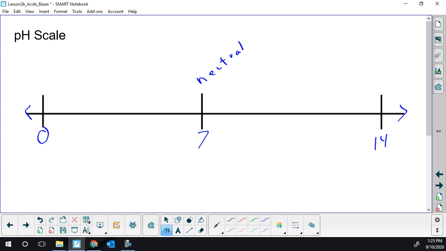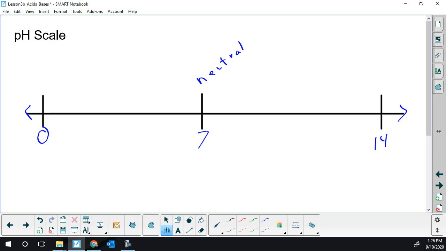If the base is concentrated enough, if I put enough pellets in here, enough sodium hydroxide, I could get the pH above 14, but I would have to put a lot in. Often it's not possible to put that large amount of solid base in to get it to dissolve. But please don't think that 0 and 14 are limits. They are not. They're common boundaries.